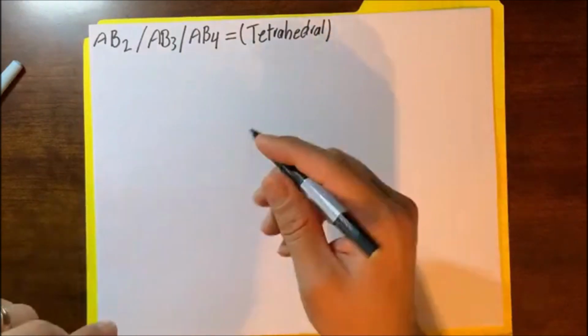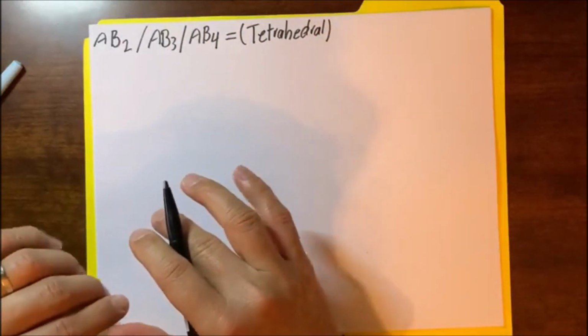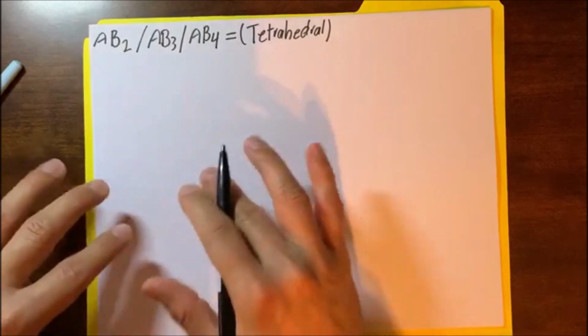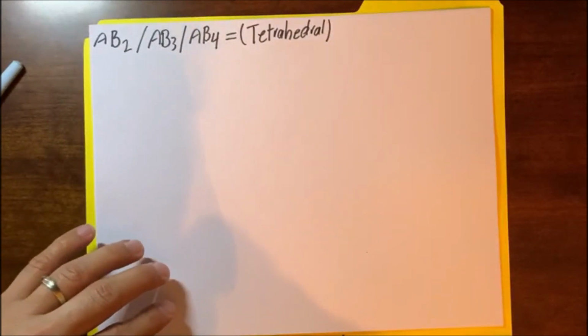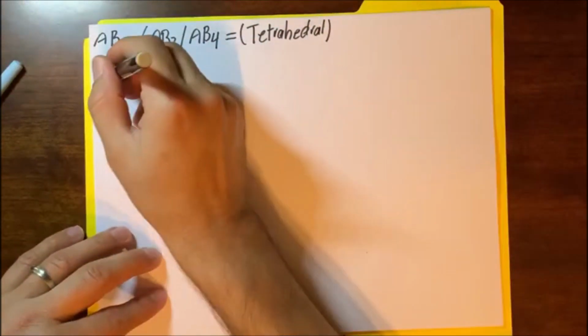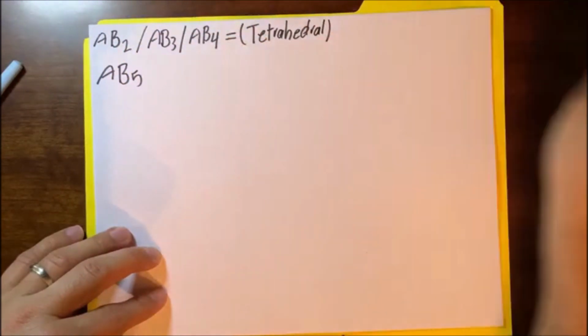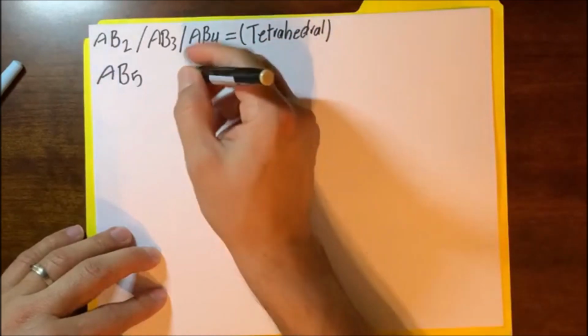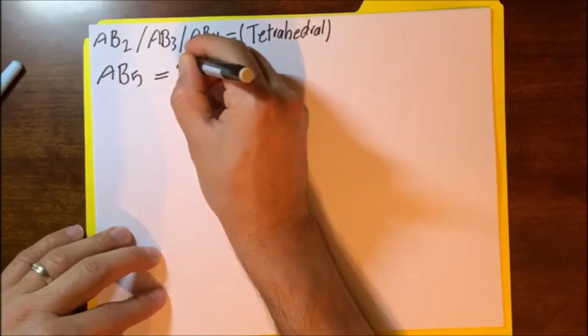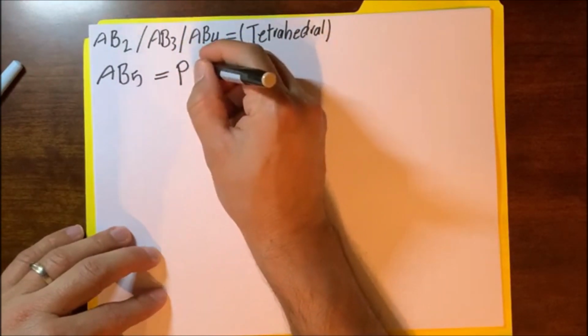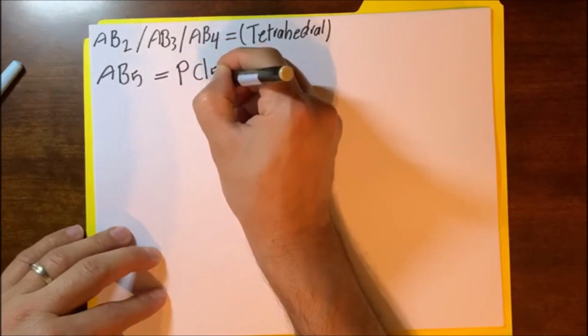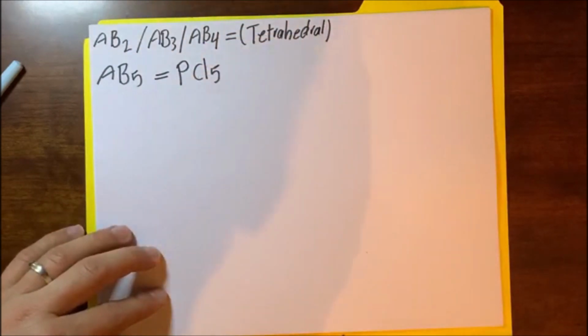In this slide, I'm going to go through AB5. An example is going to be something like PCl5, P is the central atom and Cl5 is the outer atom.